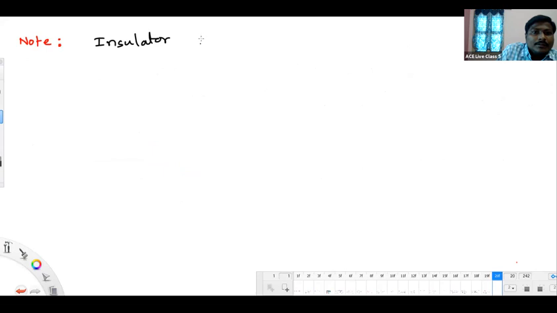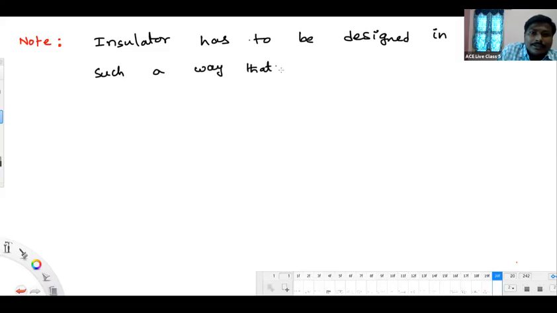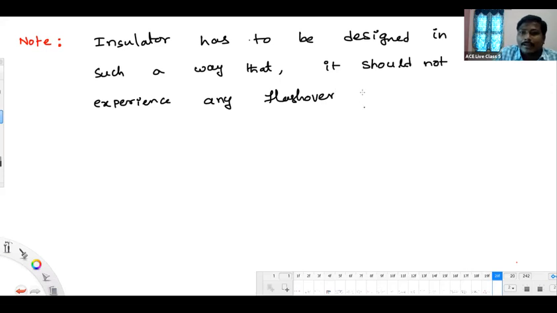Insulator has to be designed in such a way that it should not experience any flashover at any operating condition.